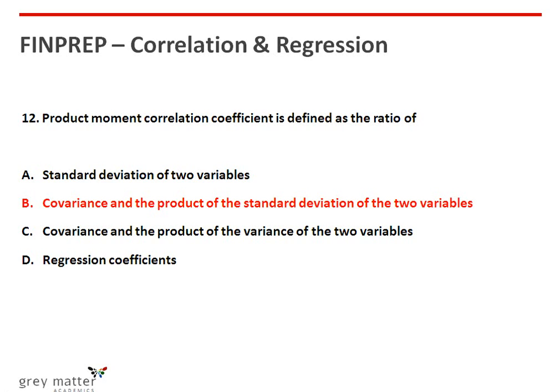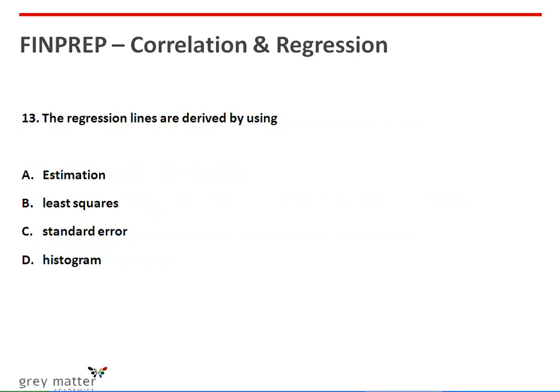So option B is the right option, which is the correlation coefficient: covariance, and it is the ratio of covariance and the product of the standard deviations of the two variables.